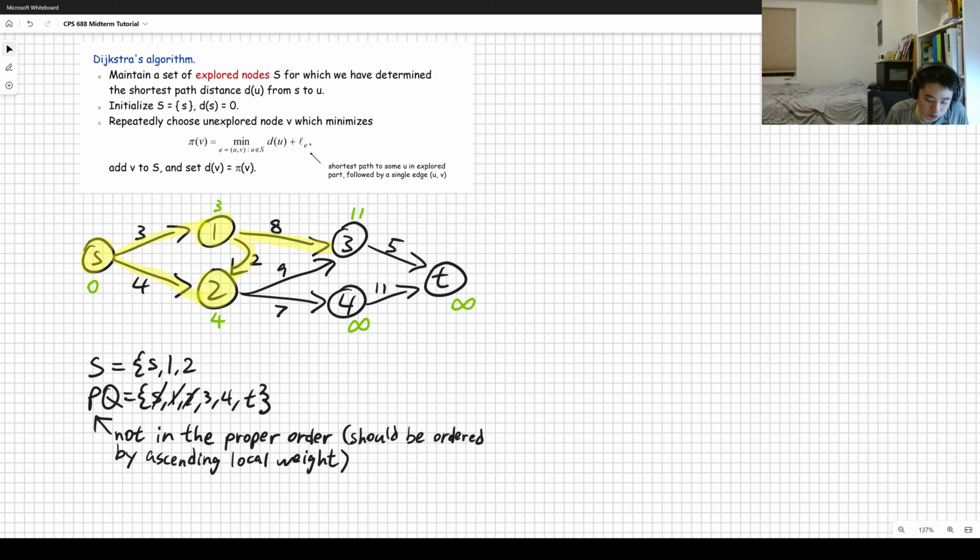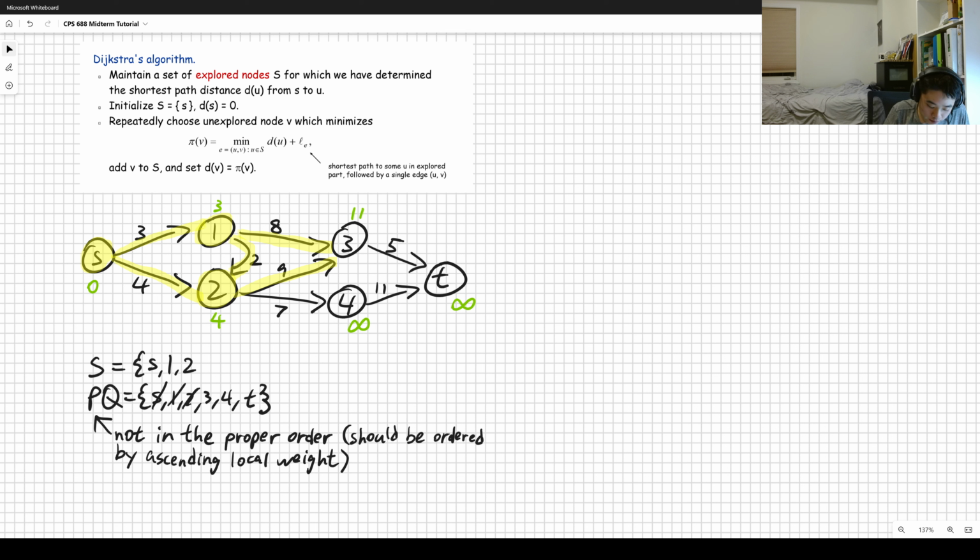So we're gonna visit 2, and take a look at its connections. From 2 to 3, we have 4 plus 9, which is 13, but that is bigger than 11. So because it is bigger than 11, we're not going to do anything.